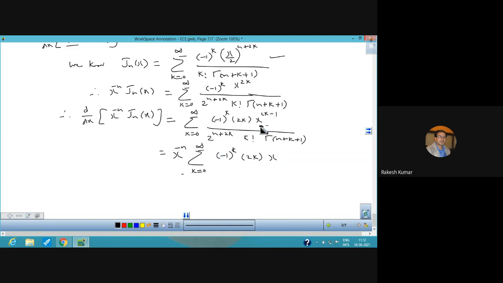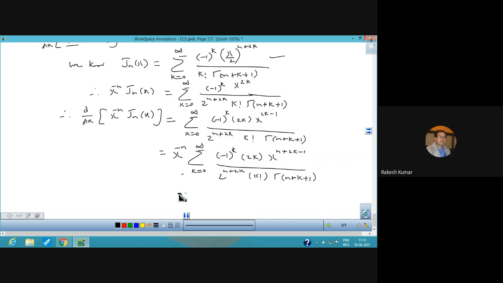So if you have taken x raised to power minus n common, then here it will become n plus 2k minus 1, and it is divided by 2 raised to power n plus 2k, and we shall have k factorial gamma n plus k plus 1.